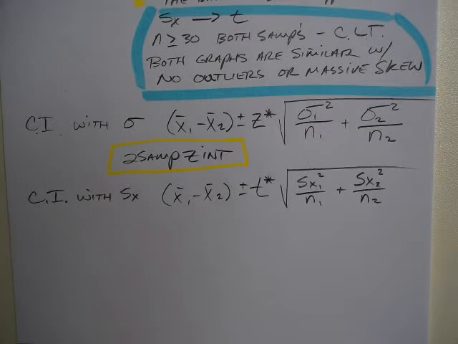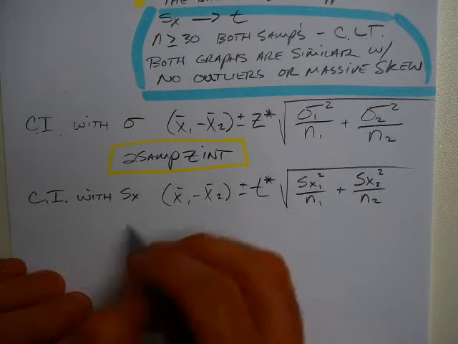And the shortcut? 2 samp t int. It's an interval. 2 samp t int.